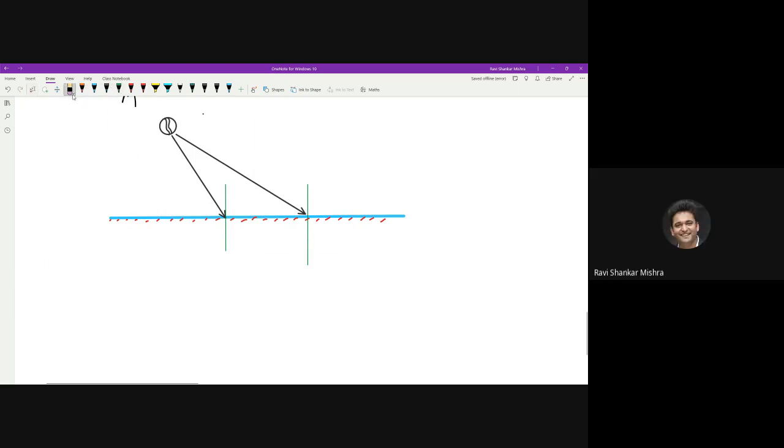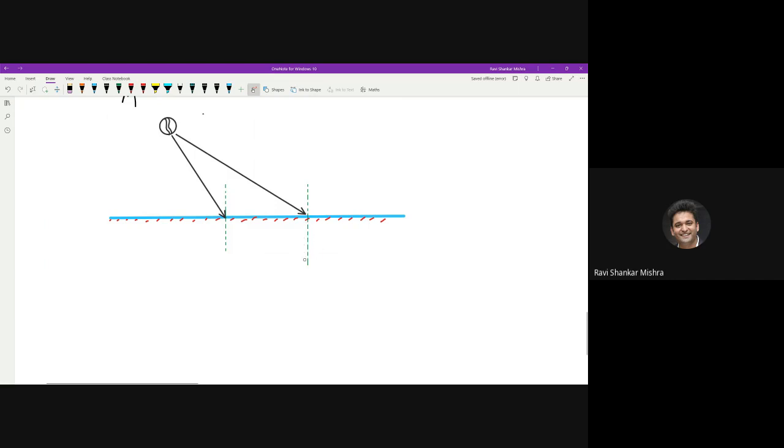Always remember, whenever you are drawing the normal, it should always be dotted lines. This is the normal. Now, what is the law of reflection?